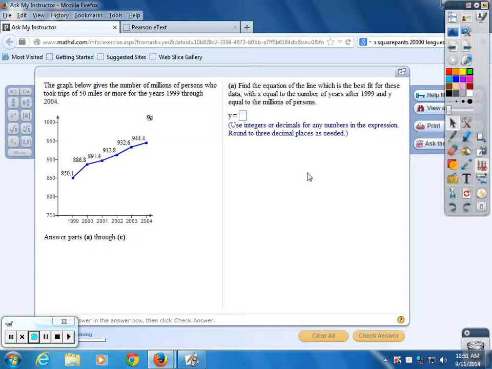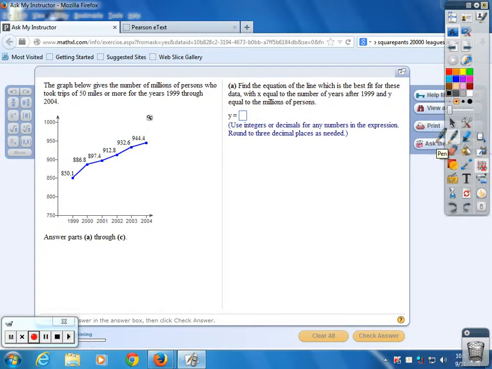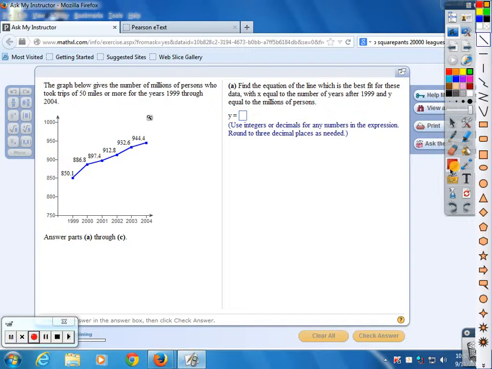The problem with this one is it's not a straight line. So your answers will vary. What you need to do is try to find the best fit. Okay, let's try this again.